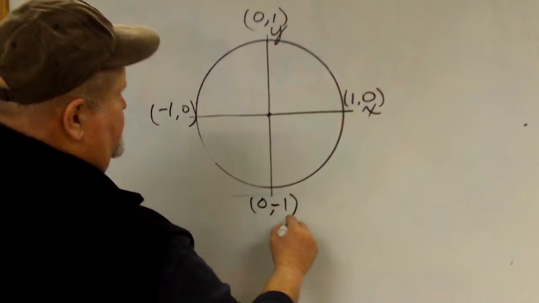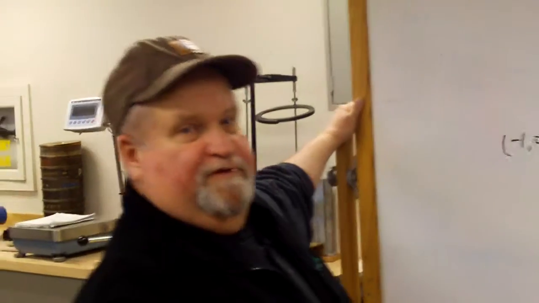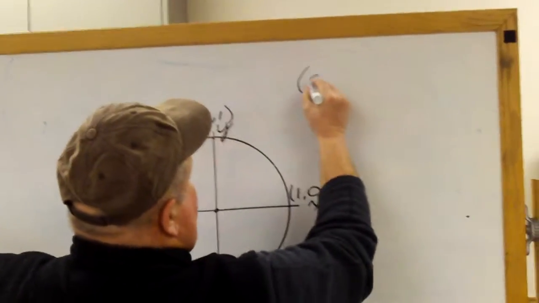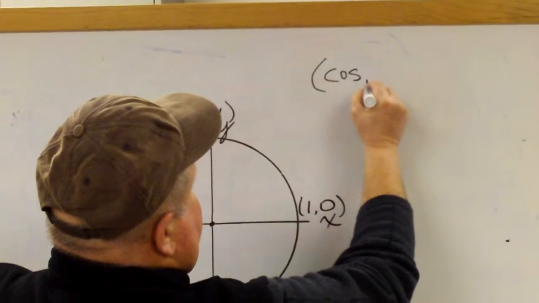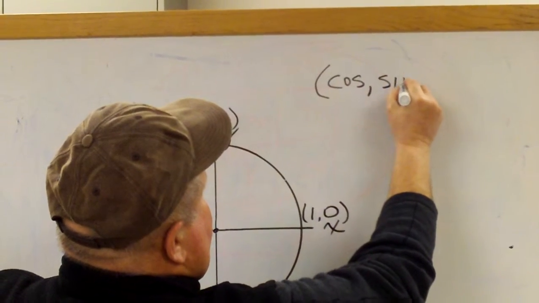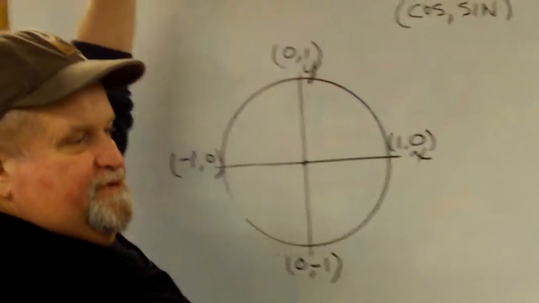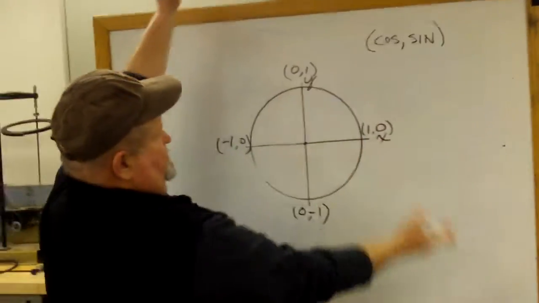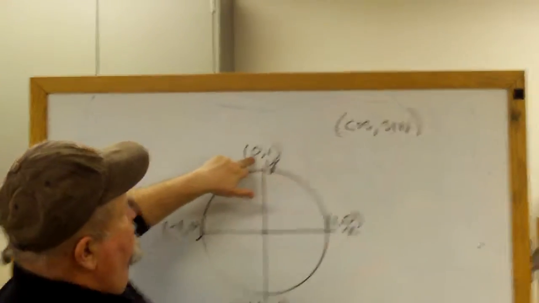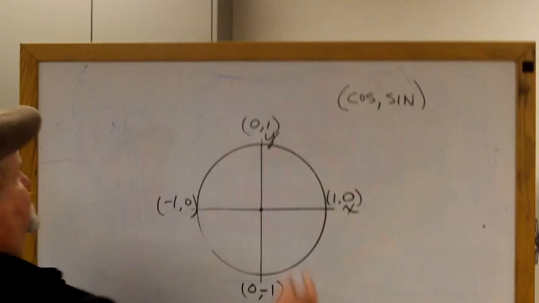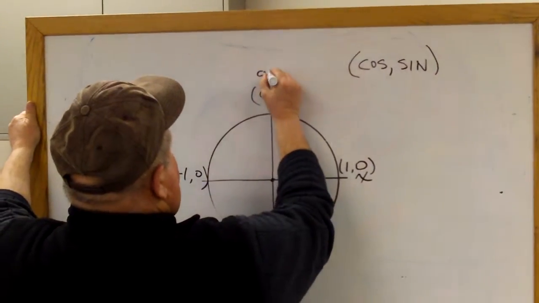All right. Now the important thing to remember about this is these things inside these brackets are the cosine and the sine of these angles. We got an angle here. This is the cosine, and the sine. So that one up there, 0, 1, is 90 degrees. Let's write that on top of there. This is 90 degrees.